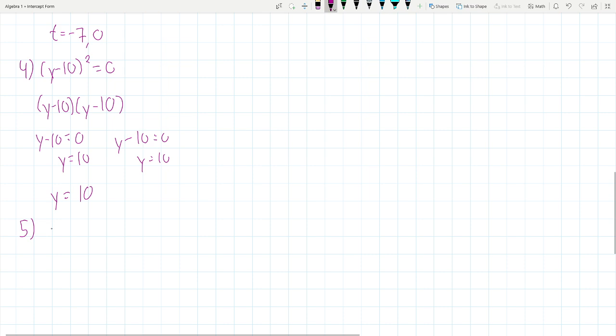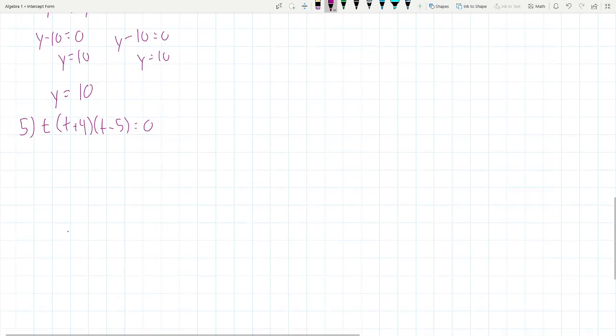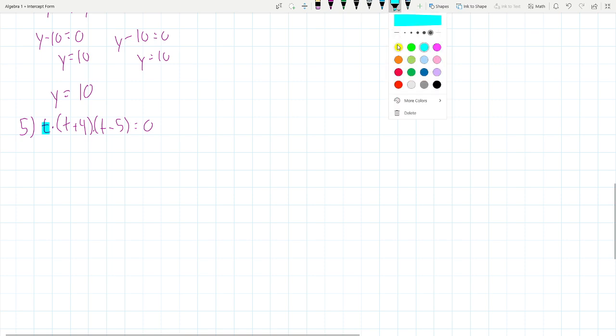Number 5, I have t, t plus 4, t minus 5. This one looks a little more complex, right? But the same kind of thing happens, where we want to make each individual factor, this one, this one, and this one, equal 0.